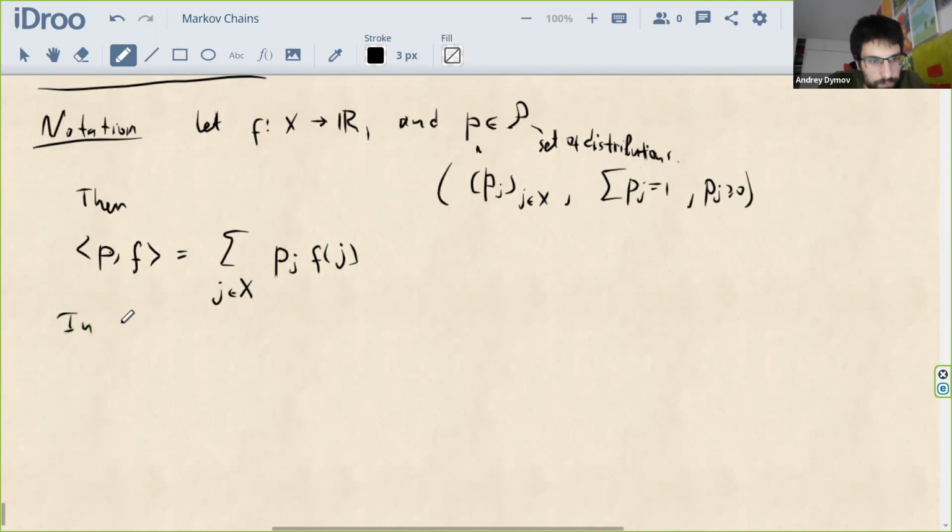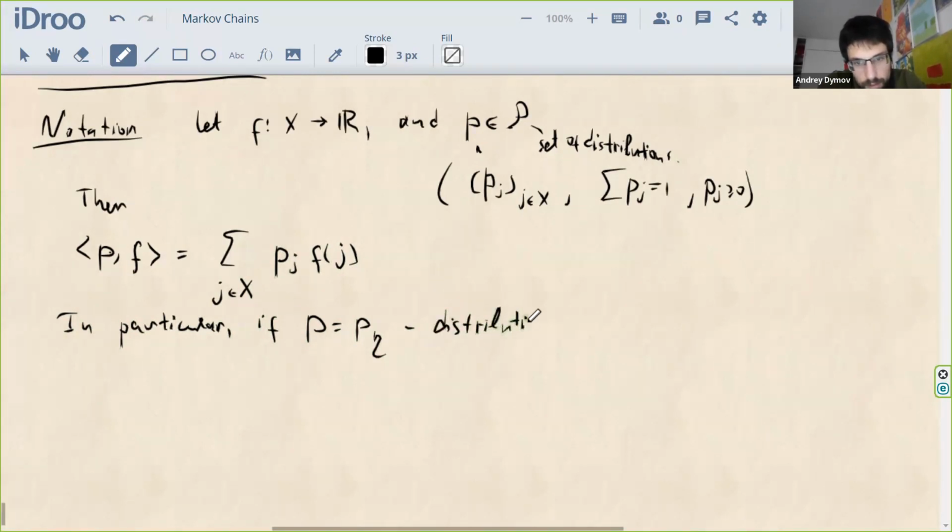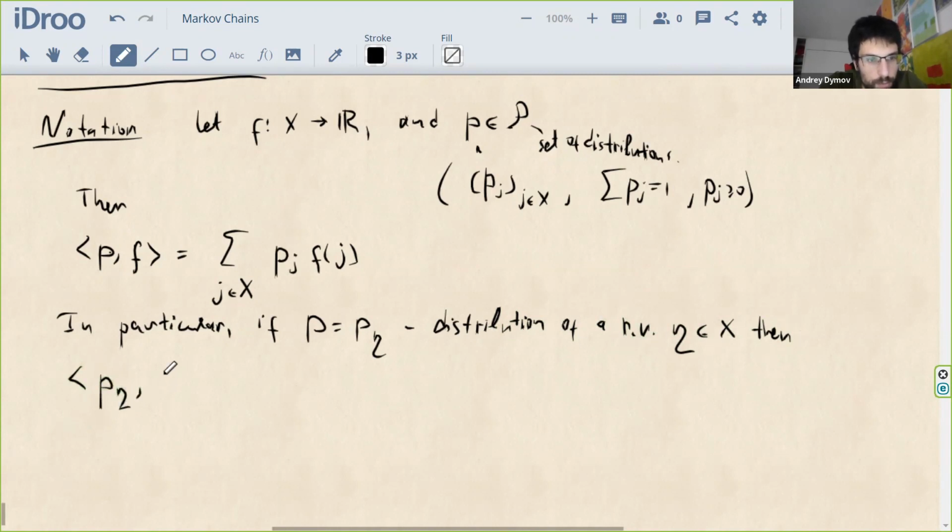So in particular, if p is the distribution of a certain random variable eta, which takes values in the space x, then what is the action of its distribution on the function f? It is the sum of P eta j times f of j.